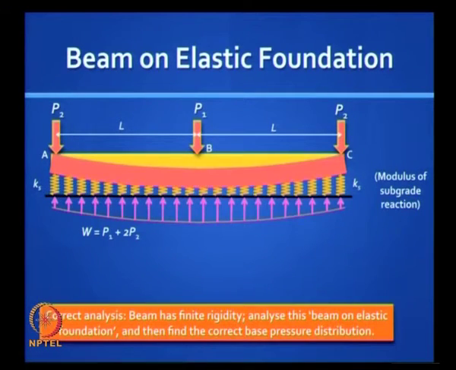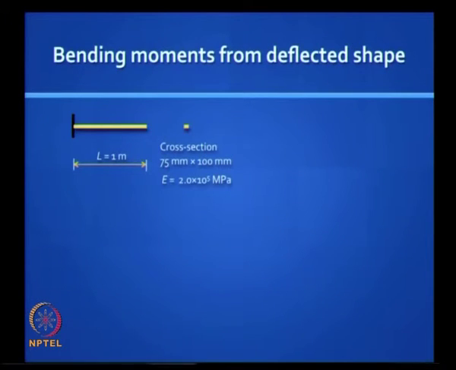The actual behavior will be something like that. This is sometimes referred to as the beam on elastic foundation analysis. Let us not worry about this for the present. Let me come to another important topic related to the beam. You can draw the bending moment diagram if someone gave you the loading diagram.